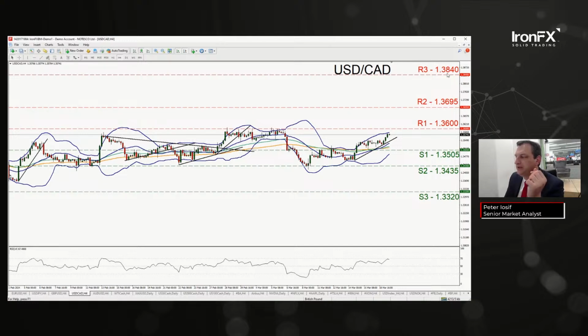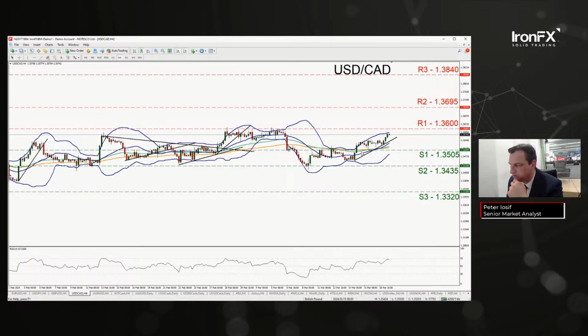For the time being, we tend to maintain a bullish outlook for the pair, and we are basing that practically on the upward trend line. That's clear. So as long as the upward trend line remains intact, we maintain our bullish outlook. We also note that the RSI indicator has reached almost the reading of 70, which tends to imply a strong bullish sentiment, yet the pair does not seem to have reached overbought levels just yet.